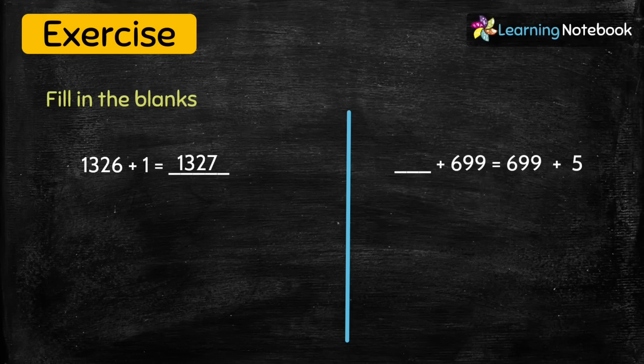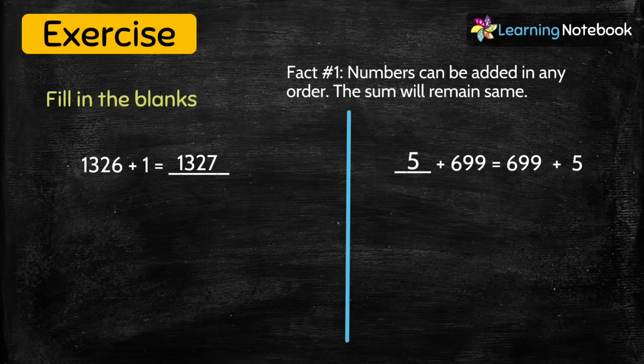Next question is dash plus 699 equals to 699 plus 5. So here answer is 5 because of fact 1 which says numbers can be added in any order, their sum will remain the same.